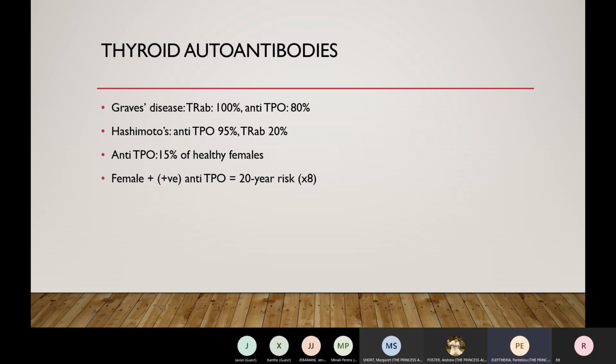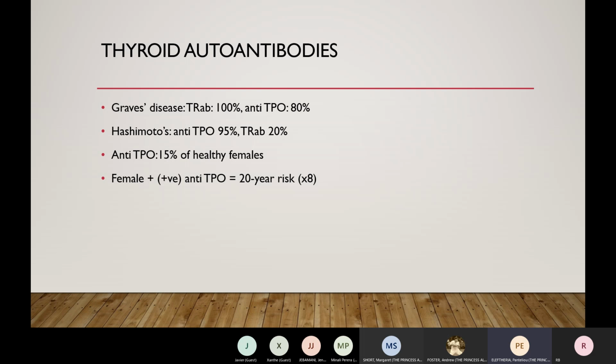They're very common in Hashimoto's, but also common in the normal healthy population. Over 10% of the healthy population are positive for TPOs. You should only do them if you suspect thyroid disease, and you need to interpret your TPO antibodies in the clinical context.